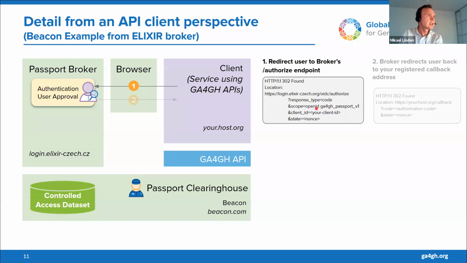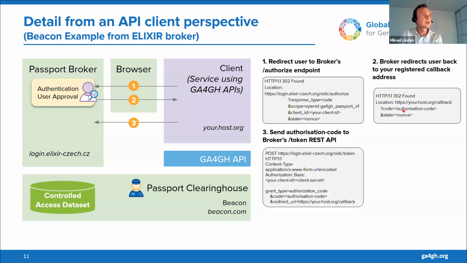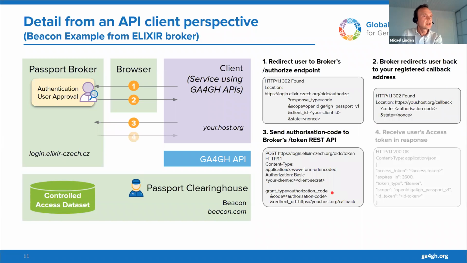When the user is authenticated and approved the release of the passport, the passport broker passes the browser back to the so-called callback URI of the client and passes a code, authorization code, in that browser redirection. And then the next sequence in the flow is that the client sends the authorization code to the broker's REST API, and in exchange, the broker delivers the access token to the client.